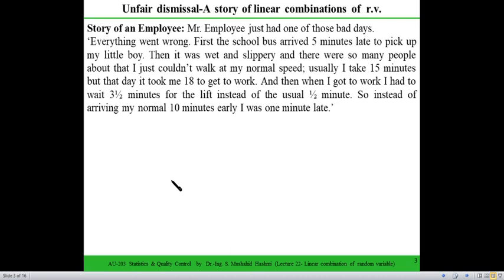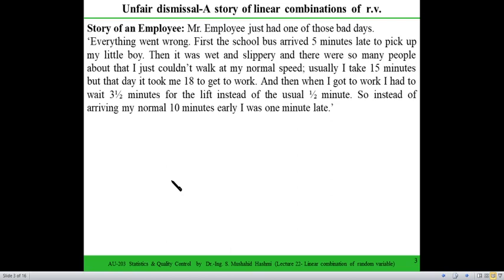Okay, just look into a story of an employee. Mr. Employee just had one of those bad days. Everything went wrong. First, the school bus arrived 5 minutes late to pick up my little boy. Then it was wet and slippery, and there were so many people about that I just could not walk at my normal speed.